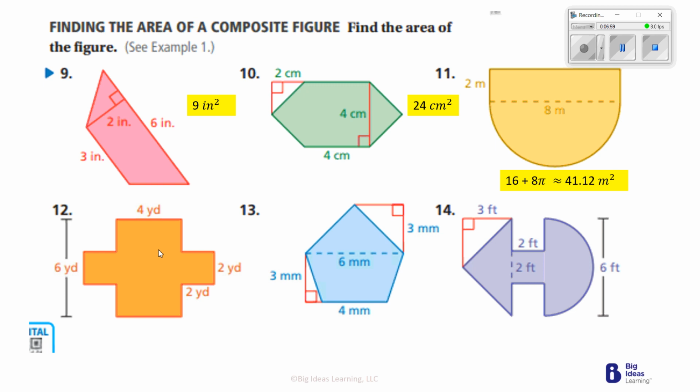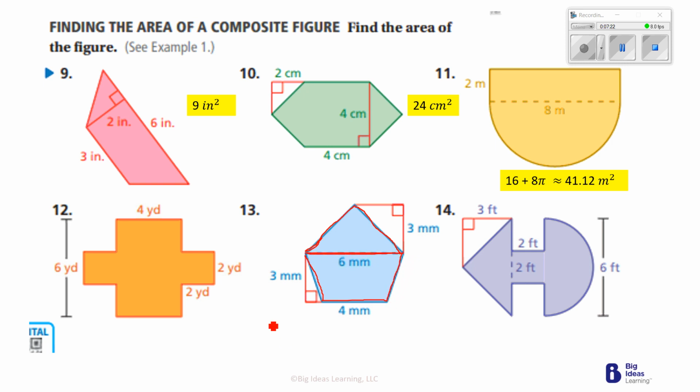Let's see, that means number 12 is for you to do. I'm going to be working on number 13. On number 13, I have what looks like a triangle up top. And then I have what looks like a parallelogram on the bottom.